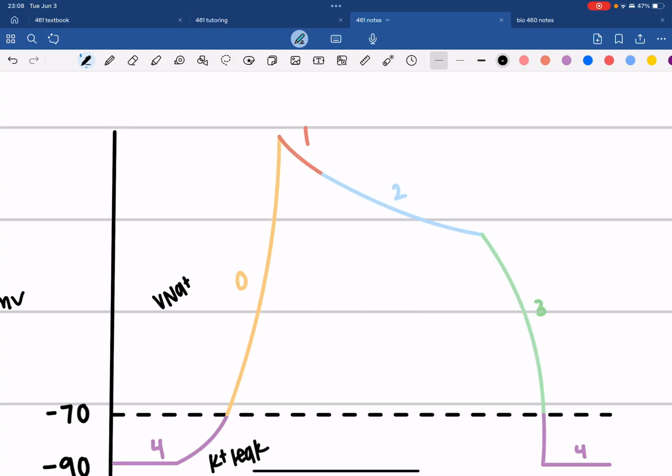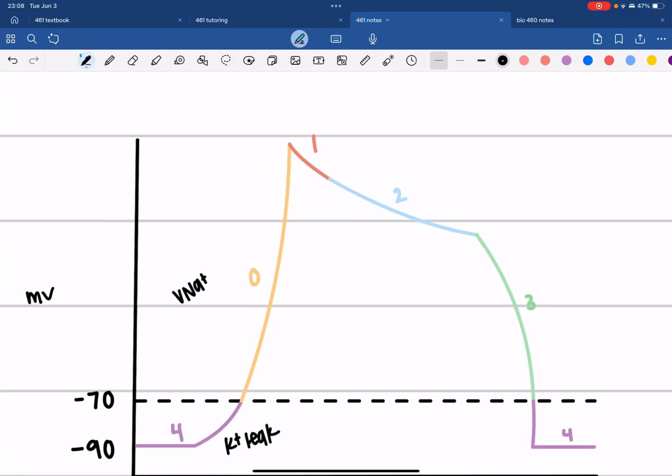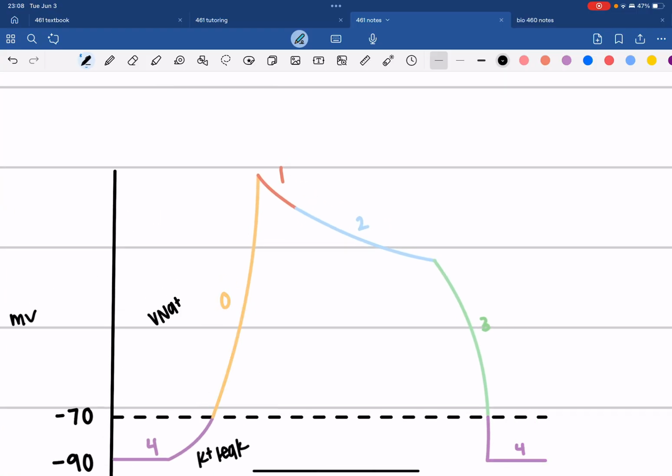And so we're going to see this weird instance where we rapidly repolarize, but we have these calcium channels that start to open at threshold, and then they finish opening. We also have voltage-gated potassium channels that start opening here at threshold.